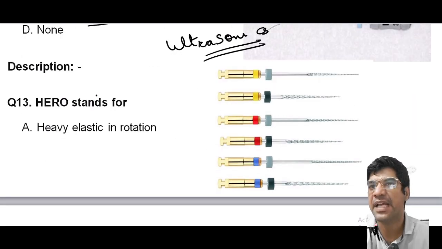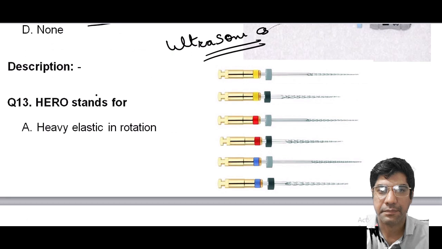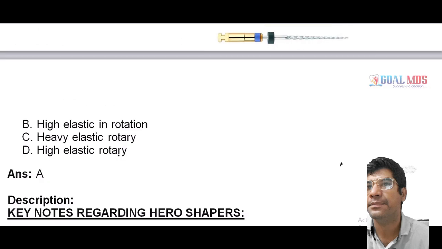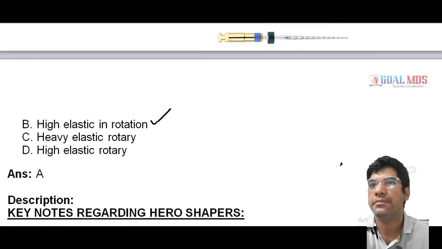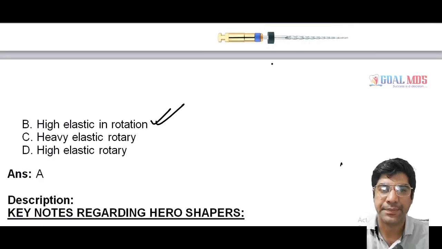The Hero stands for the Hero shapers. It is a micro mega NiTi file. Hero stands for high elastic in rotation.